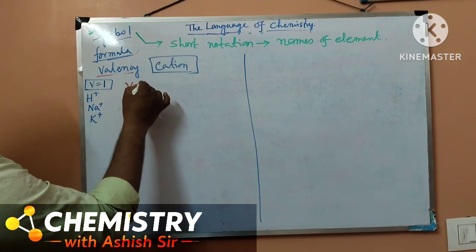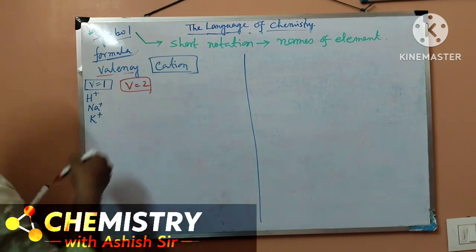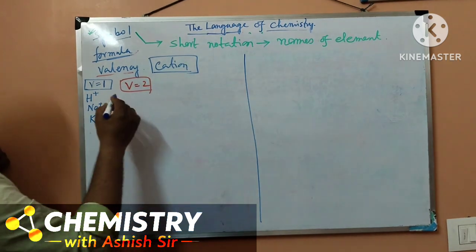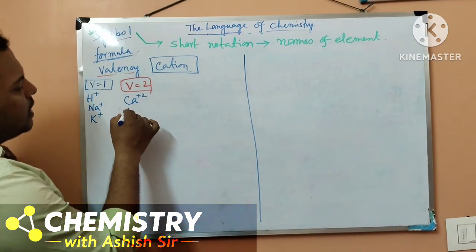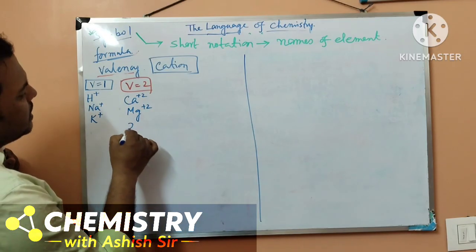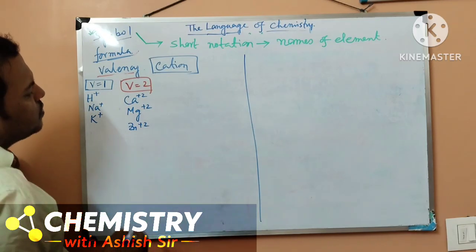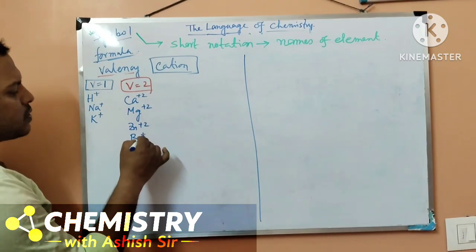Now valency 2, what are the elements? Divalent elements are calcium Ca plus 2, magnesium Mg plus 2, zinc Zn plus 2, and barium Ba plus 2.